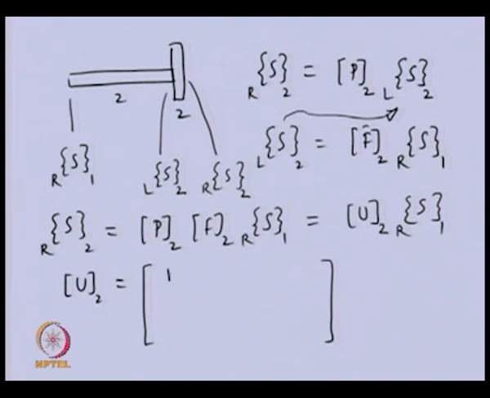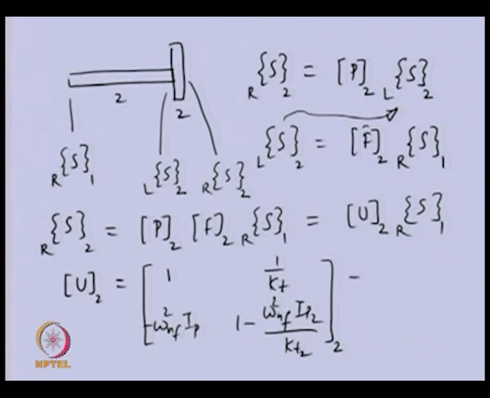So, if we multiply P 2 into F 2, we will get K T, I am putting the subscript 2 outside, and the last term I P 2 and K T 2.